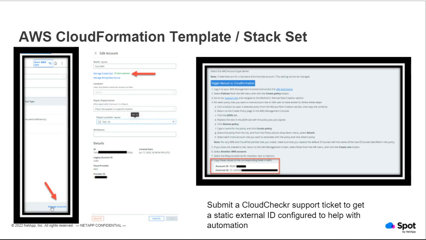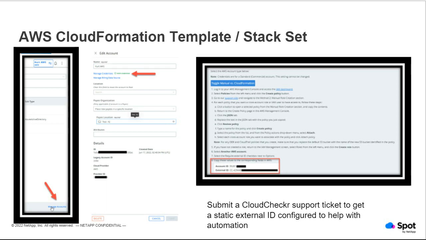The external ID is going to be unique for each one of your payee accounts, and if we're doing a mass credentialing of something larger, such as 100, 200, 300 accounts, I would suggest opening up a support ticket. We can help you create a static external ID to make this credentialing process a lot easier.